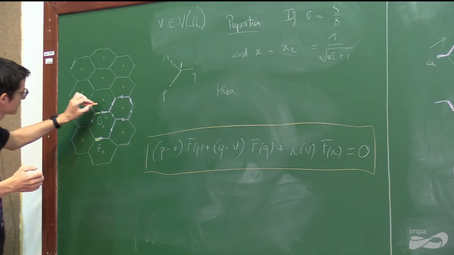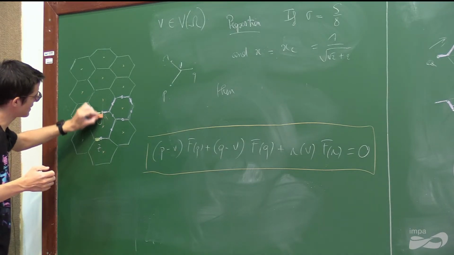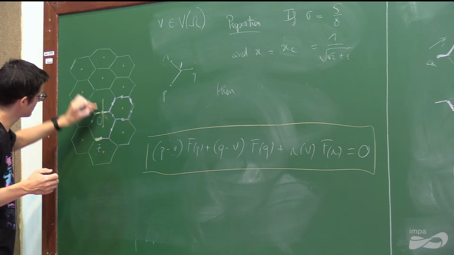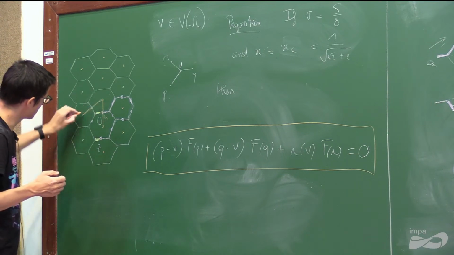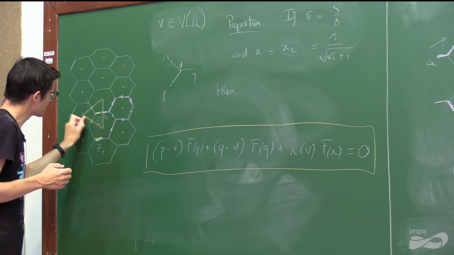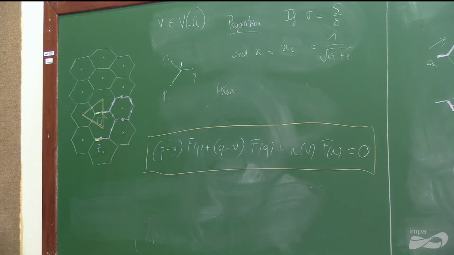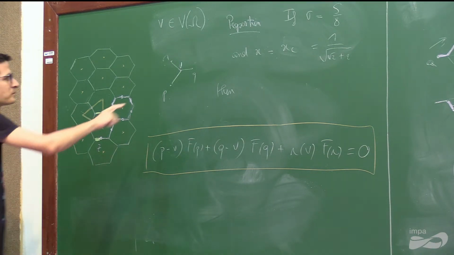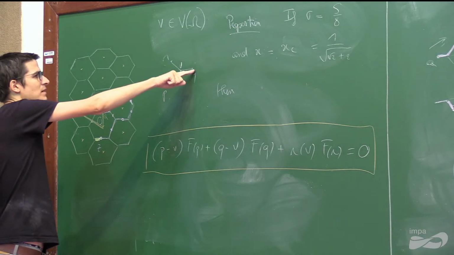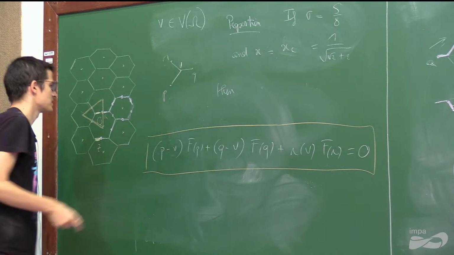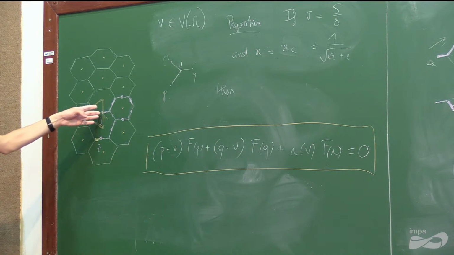So to a mid-edge, basically, I can associate this dual edge. The 3 mid-edges surrounding V basically correspond to the 3 dual edges that are going around V.